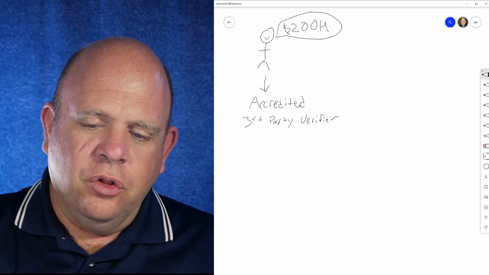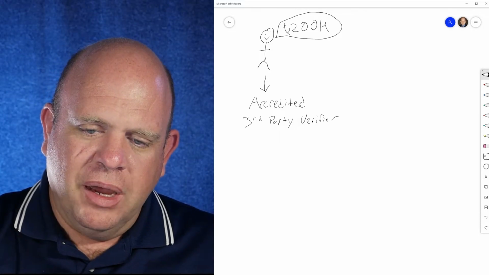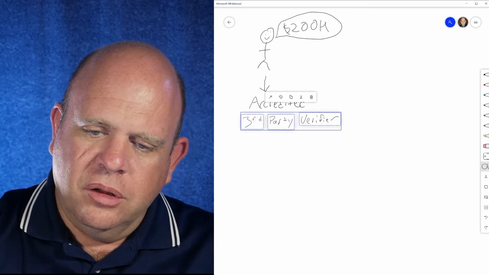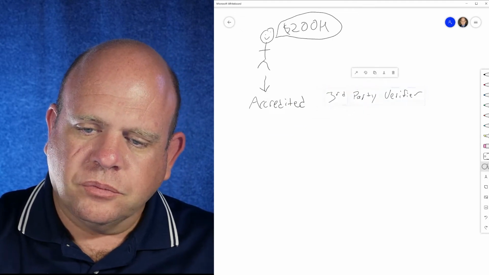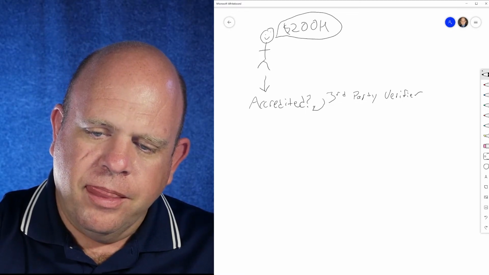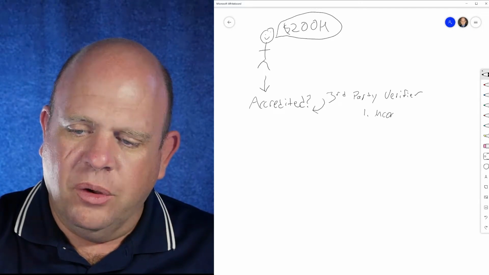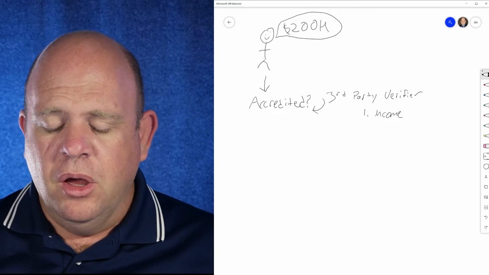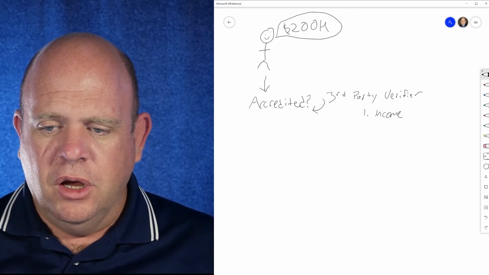So they're going to look at them in one of 4 different mechanisms. They are going to look at them under the income test. So they're going to see, do they have the right amount of income, $200,000 of income, or $300,000 if it's joint, if it's a husband and wife doing it?